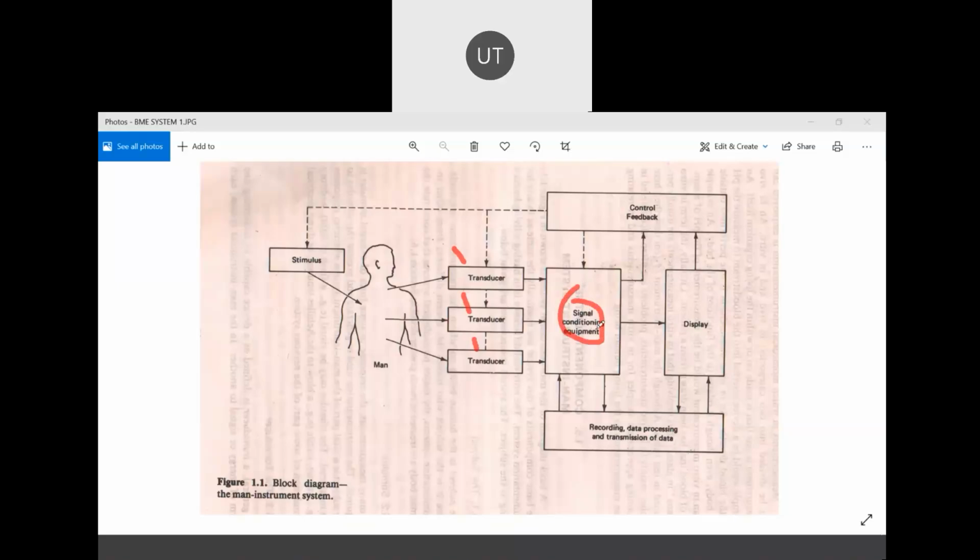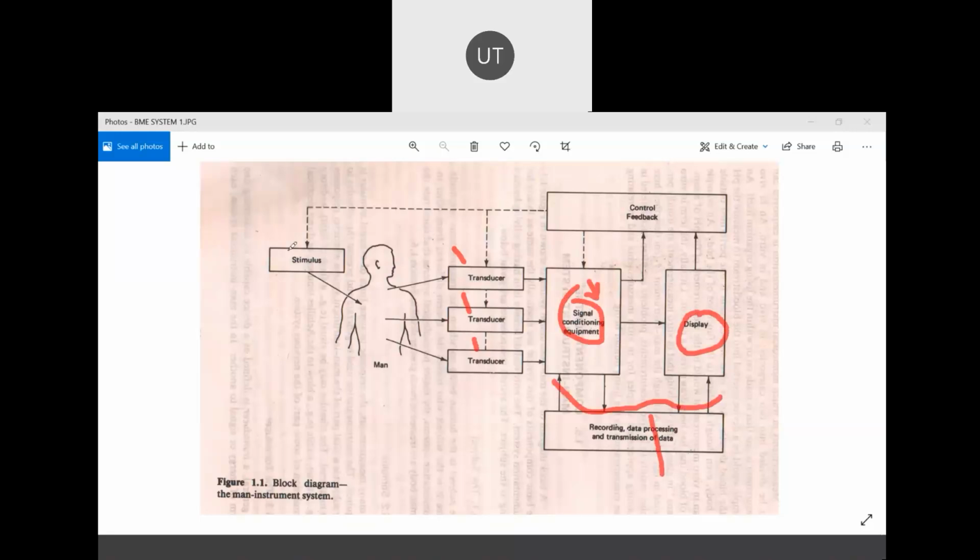These things get done in the signal conditioning circuit. And then indication of that specific measured signal which is of interest. Similarly, in parallel, we can record, process or transmit the data of that specific measurement. And if control is there, that loop is connected over here, as you can see in the instrumentation.